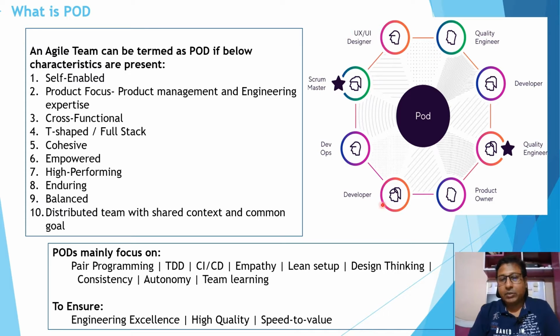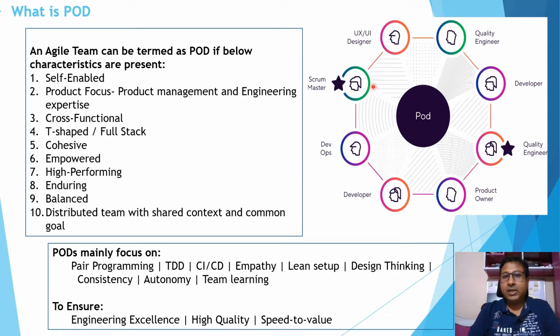I'm just trying to give you a view of what the combination of pod team members will be. A pod should be built in such a way that by its own it is in a position to take delivery ownership end to end. That means whatever is required to deliver a particular product, the pod should have all the required cross skills.